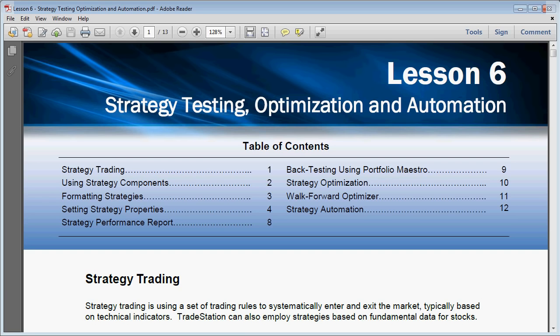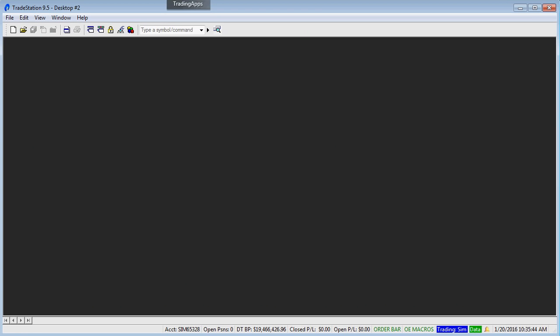We'll go over strategy optimization, and then I'll give you some pointers about the Walk Forward Optimizer. Towards the end, I'll show you how you can automate strategies so that you don't miss out on any trading opportunities by having something on TradeStation that is monitoring market activity. Okay, let's get started. I'm going to switch over here to my TradeStation platform.